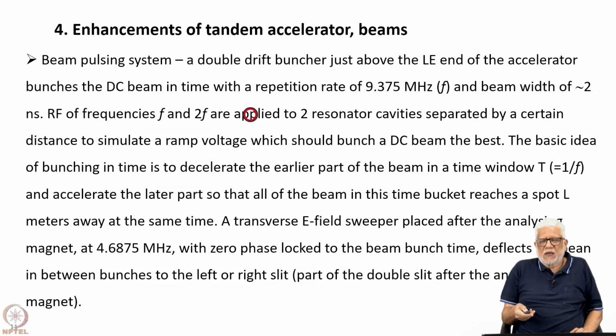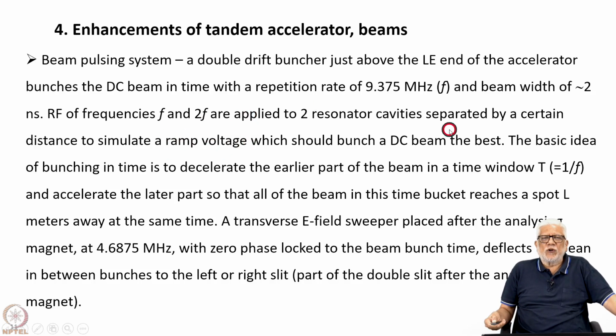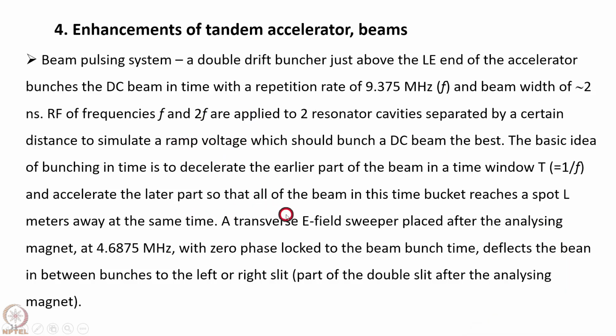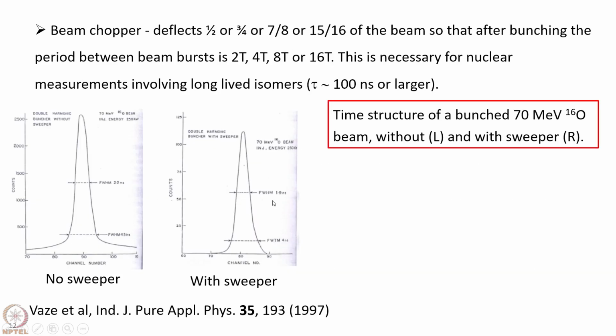That actually mimics the applying of a 3F frequency, and this mimics the ideal RF voltage profile that you would need, namely a ramp voltage, so that the particles that come earlier with respect to a phase of 0, let's say in the middle of a certain window, get decelerated and the later ones get accelerated. So these F and 2F cavities, separated, actually mimic this ideal ramp voltage, and this produces a bunched beam, but you also have DC beam in between. That we will see in the next slide.